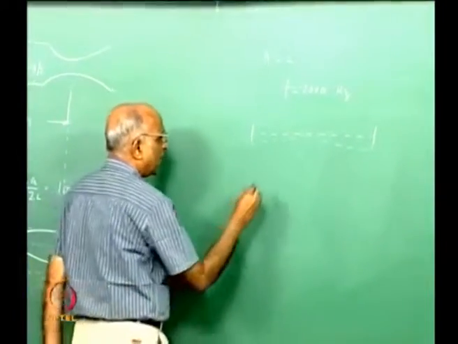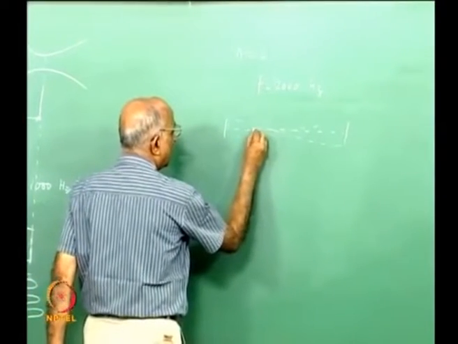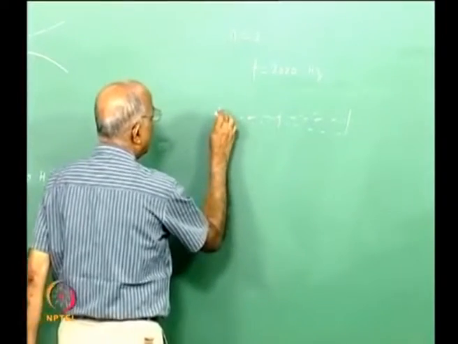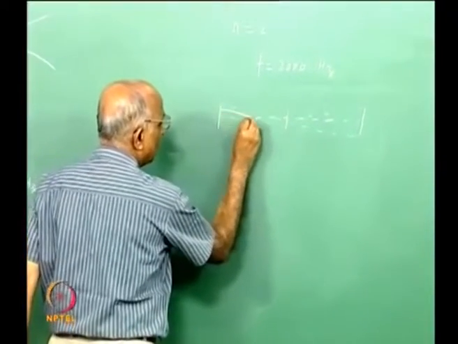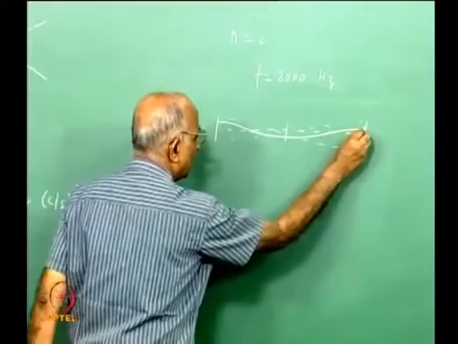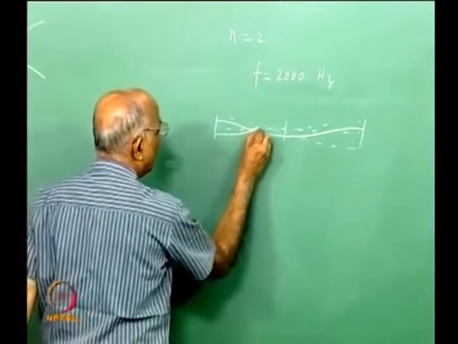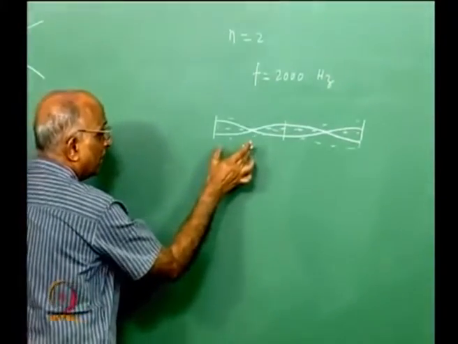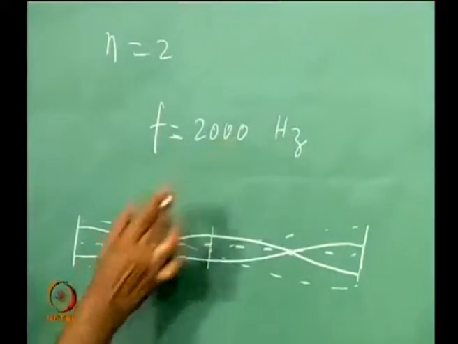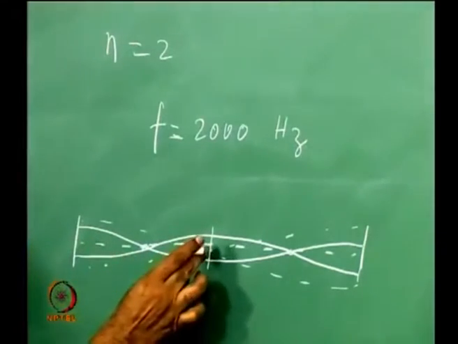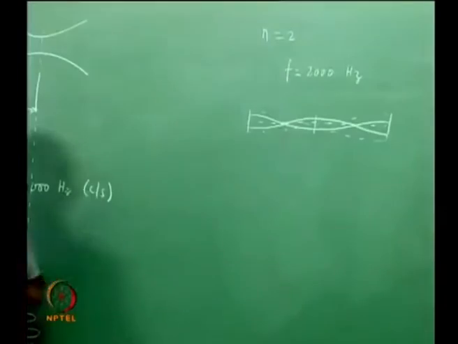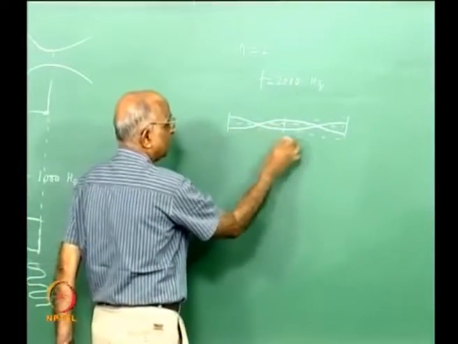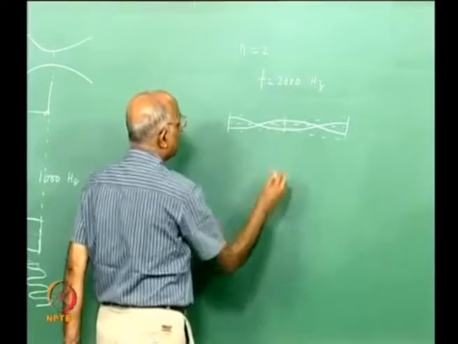Now I start getting a node here, I get an antinode over here, I get a node here, and therefore my magnitude of oscillations will go like this, come back over here, go over here, come over here, go over here, again come back to this. In other words, I have n is equal to 2, which gives me 2000. In this case my pressure node corresponding to n is equal to 1 now becomes my pressure antinode, and this is my magnitude of oscillations, the frequency is 1000.